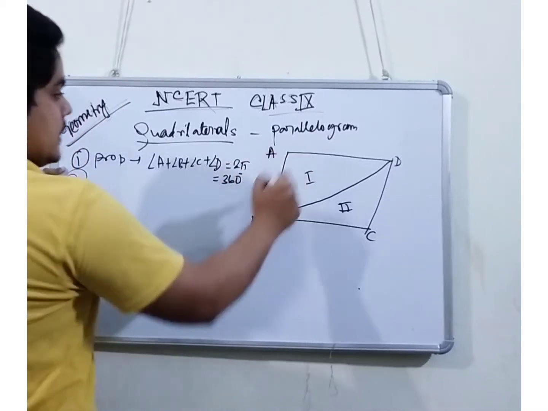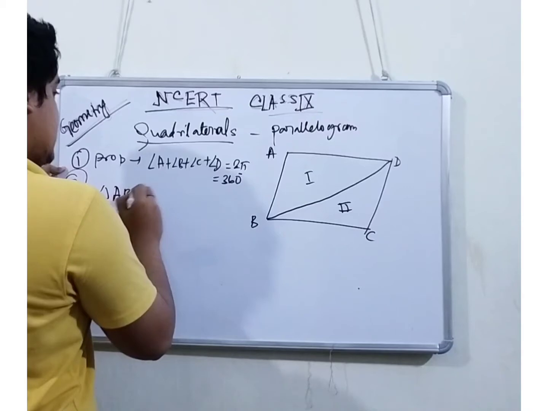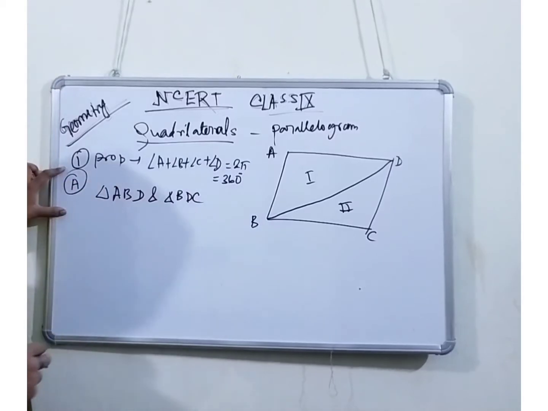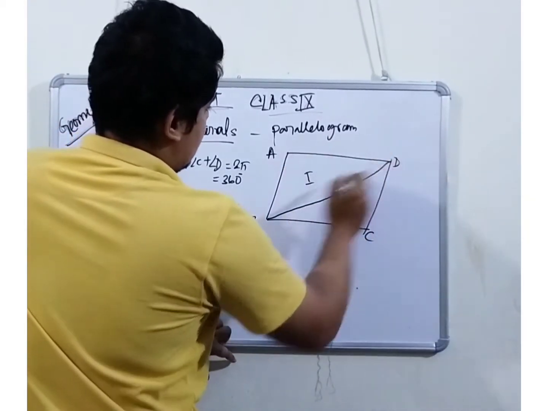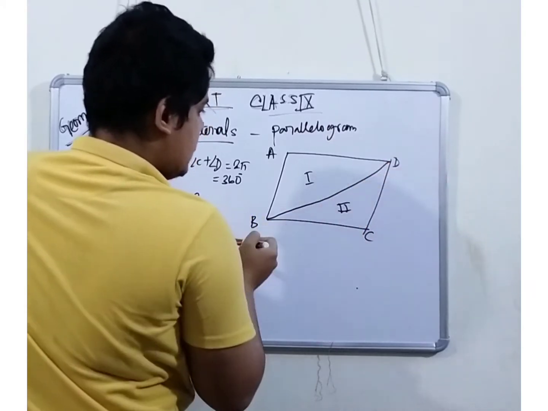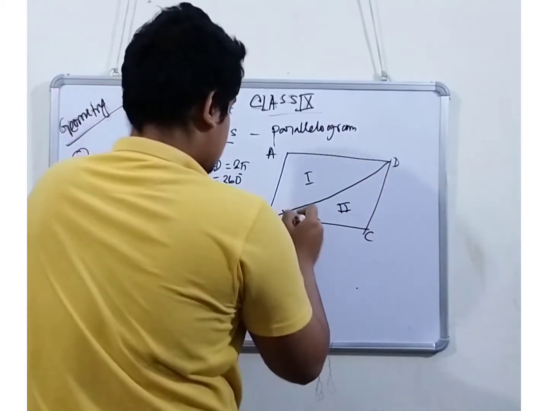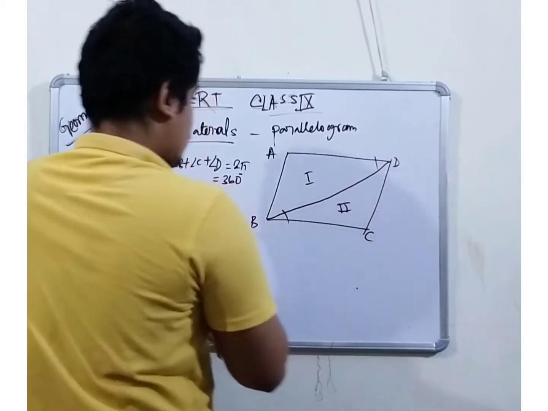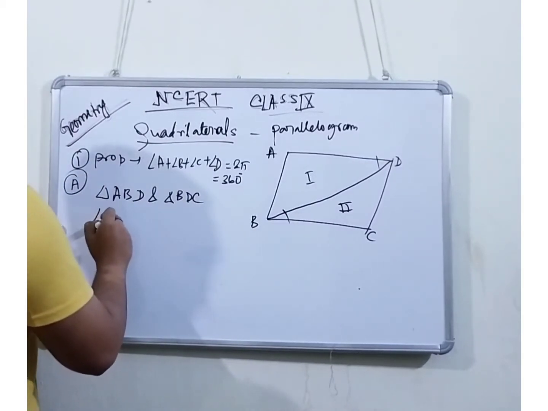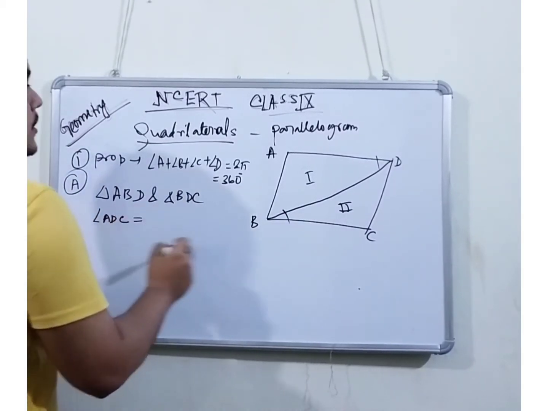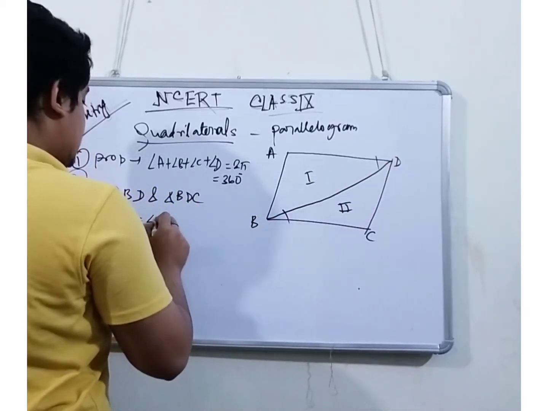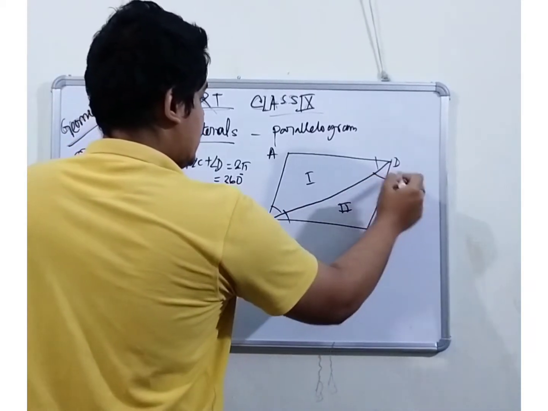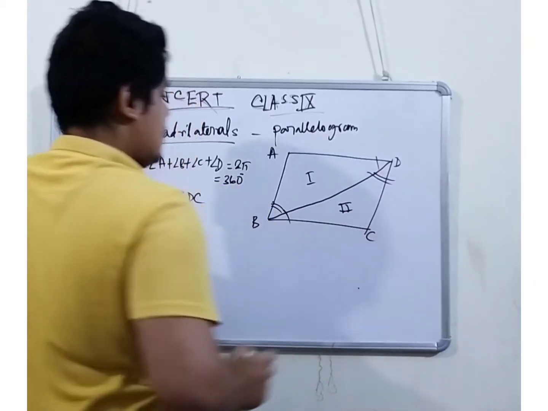First of all, which of the two triangles? You can see ABD and BDC. Now let's see, these two are parallel lines and this is a transversal. So these two are alternate angles, so these two are equal to each other. So angle ADB is equal to angle DBC. The second one, in a similar way, these are also alternate angles and these two are also equal.